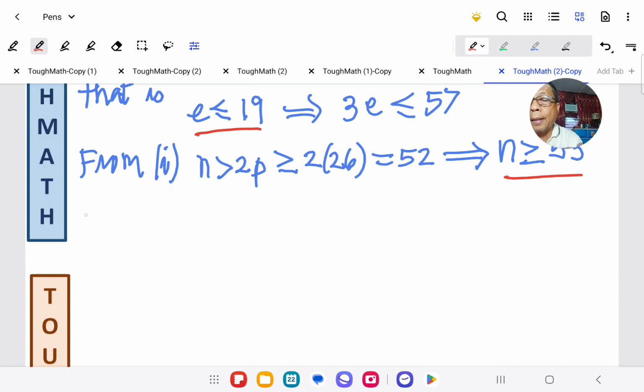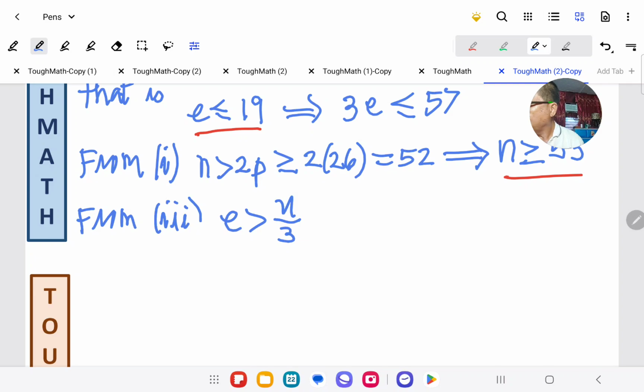And then from the third inequality, we have E is greater than N over 3, which is greater than or equal to 52 over 3, which is 17 and 1/3.